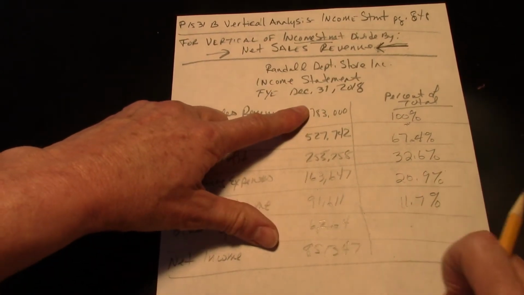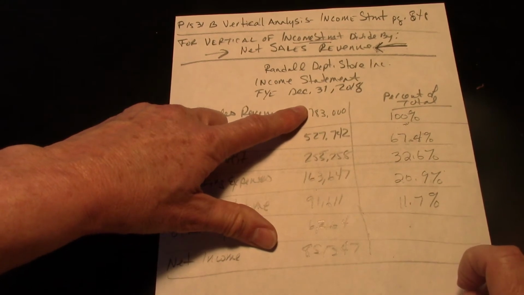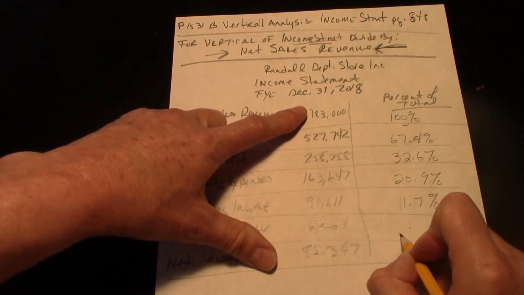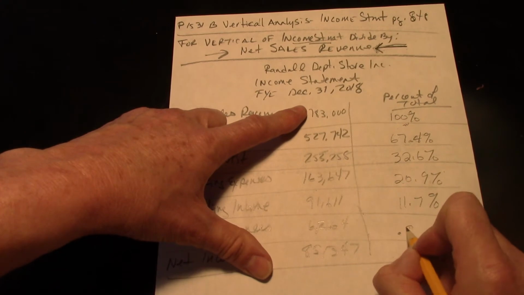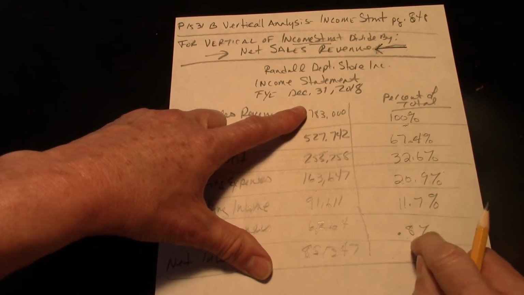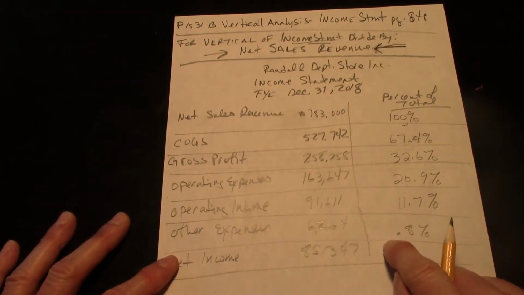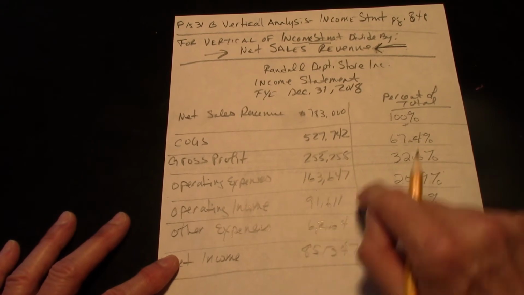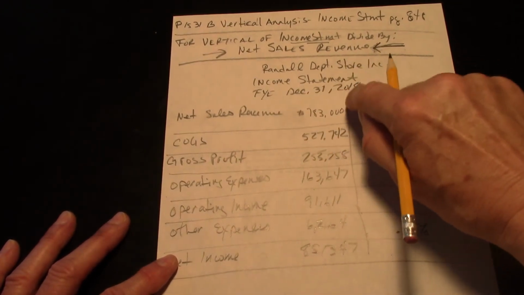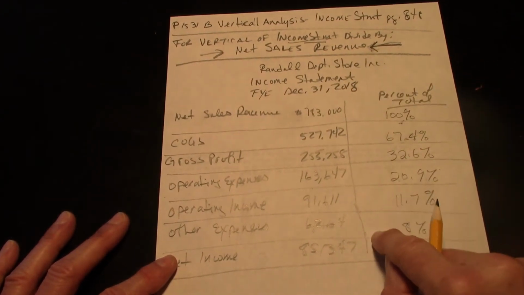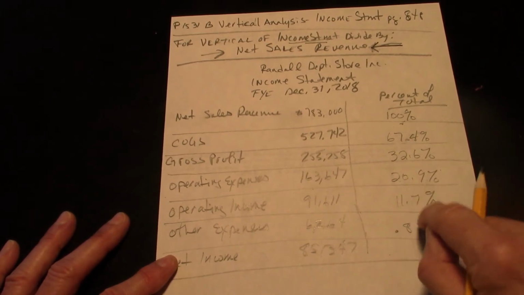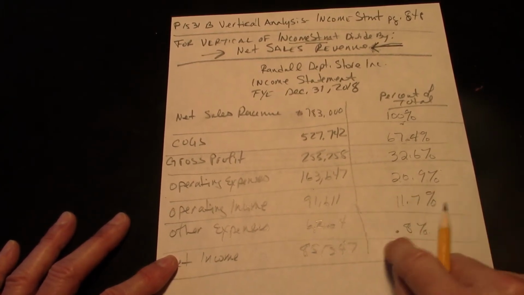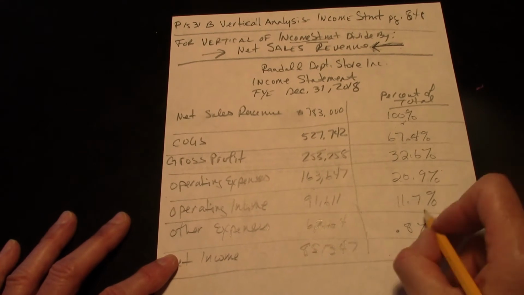6,264 divided by 783 is 0.8%. So in your calculator, when you took 6,264 divided by 783,000, it came up with 0.008. So if you move that decimal over two places, that's 0.8%.